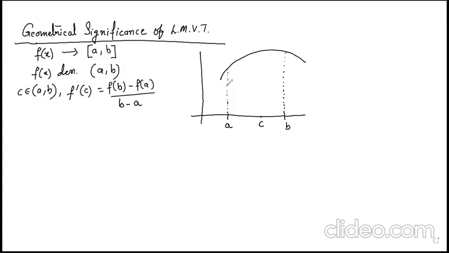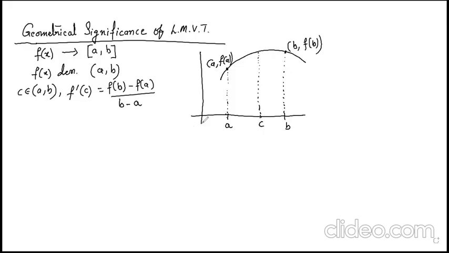Now, what is f dash C? f dash C is the slope of the tangent at the point C. What are the coordinates of this point, if you can tell me? The coordinates are a comma f of a. Very good. And what are the coordinates of this point? b comma f of b. Okay, this distance is a and this is f(a), so it becomes (a, f(a)). This distance is b and this is f(b), so it becomes (b, f(b)).